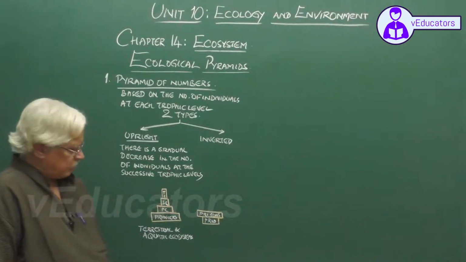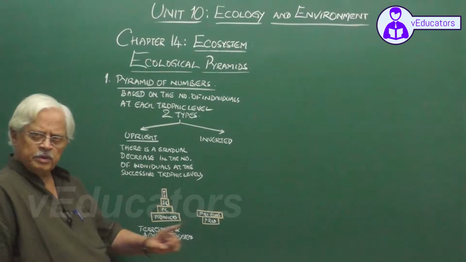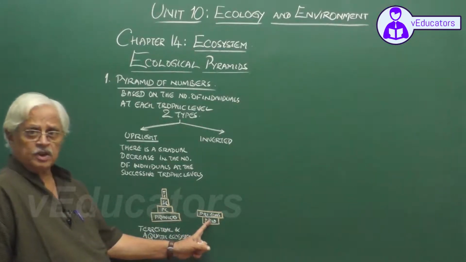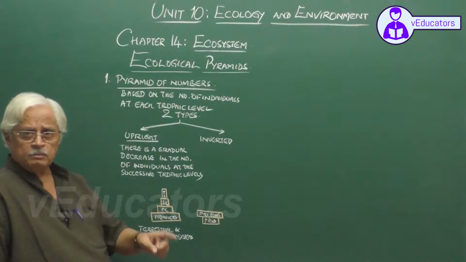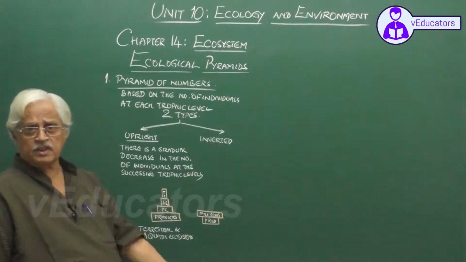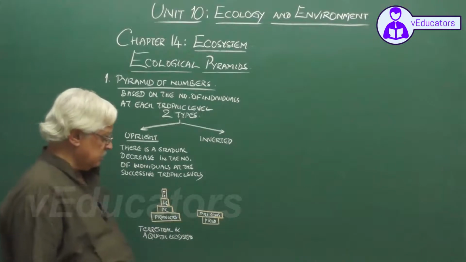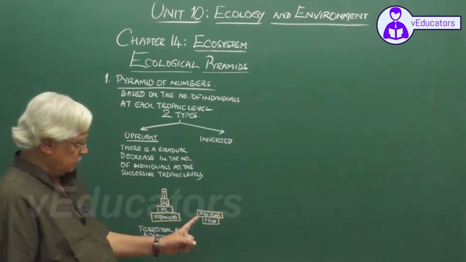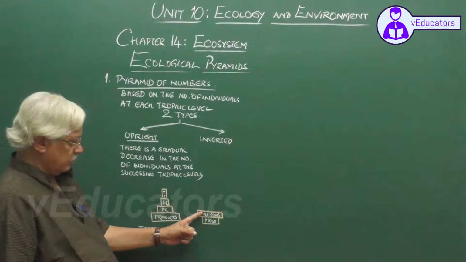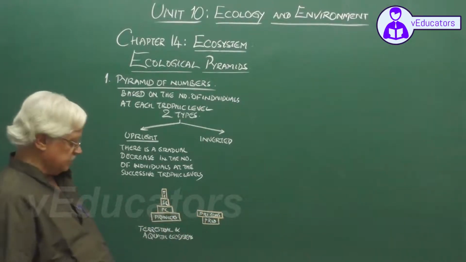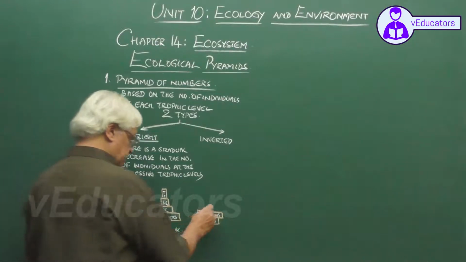Why? There may be innumerable trees, but depending on each tree you find hundreds of birds, lizards, snakes and many other herbivorous animals depending on that for food. So primary consumers outnumber the producers.